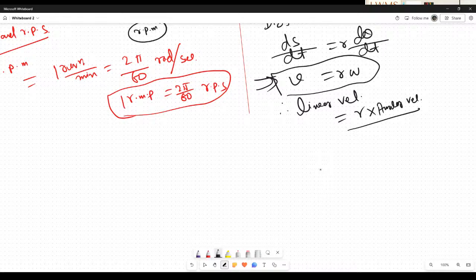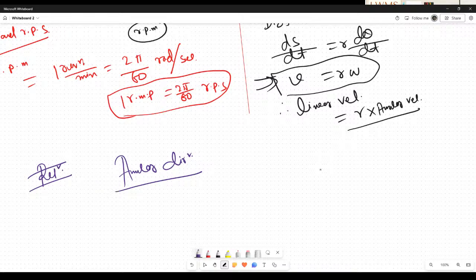Now let us define angular acceleration. Again, about direction, at this moment we will remain silent. This is angular acceleration we are going to define.